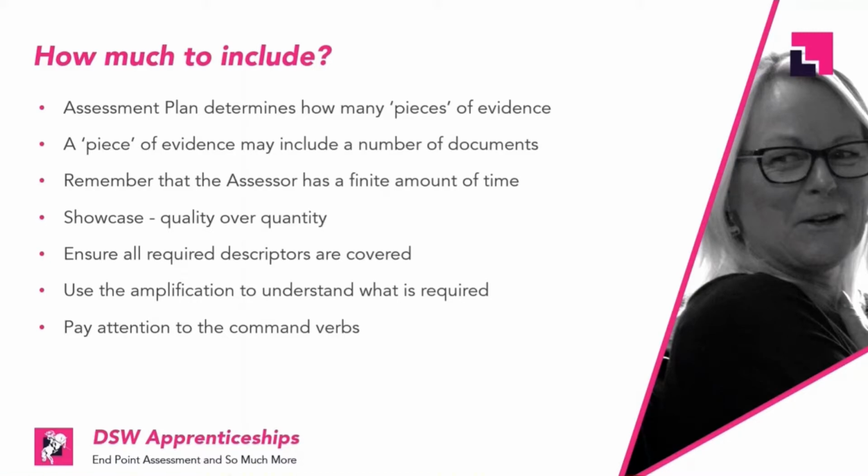A lot of the plans now will say that, you know, typically there's between 10 and 15 pieces of evidence. If the word typically is used, then we will allow some flexibility. If the plan is very precise and it says a minimum of 10, a maximum of 15, then those parameters will be applied. So as I said, make sure that you do refer to the toolkit.